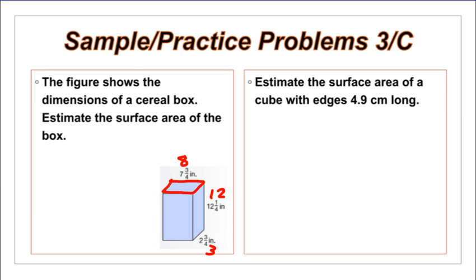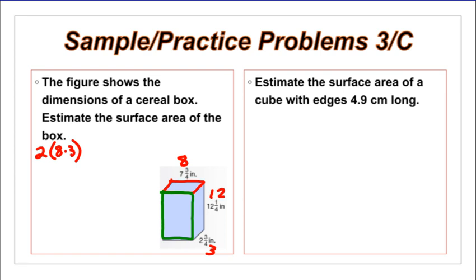So the area of the base and the top would be 8 times 3. So we have 2 groups of 8 times 3. Then we have this part here. We have 4 of those panels.